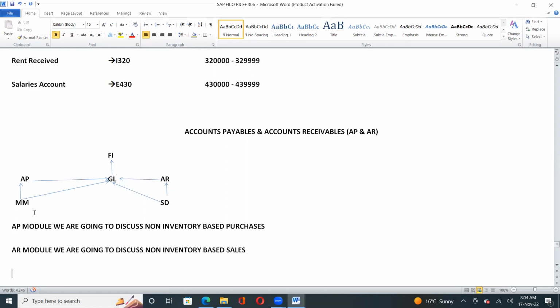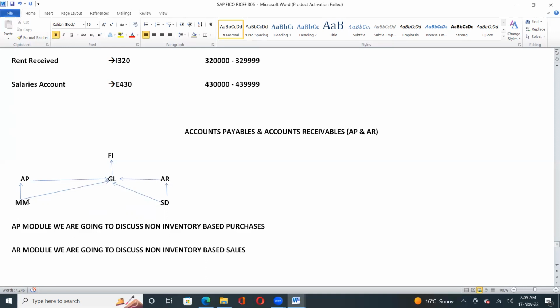Before integration with the MM module, inventory is nothing but stock or material, whatever you call it. So in AP to GL, we are going to call it without stock. We are going to discuss non-inventory without stock in the AP module.